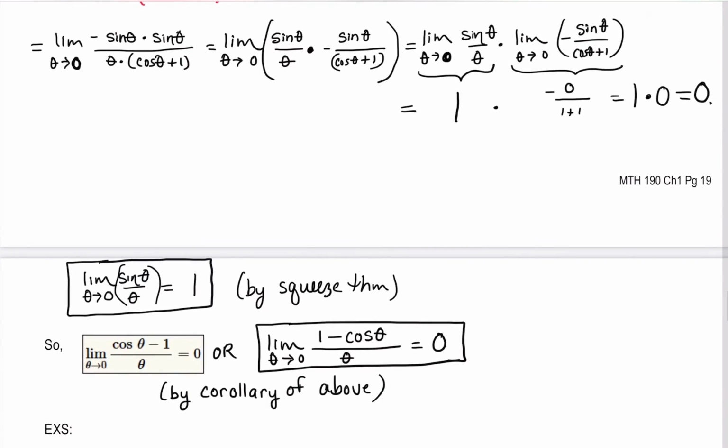All right, so these are our special trig limits that require this squeeze theorem proof. We're going to be using these, just like we did in the last example, as they come up periodically within the context of other problems.